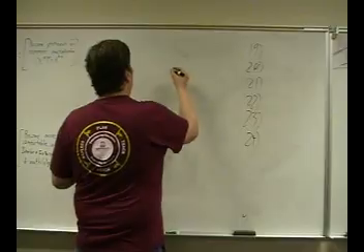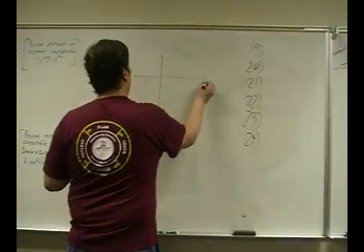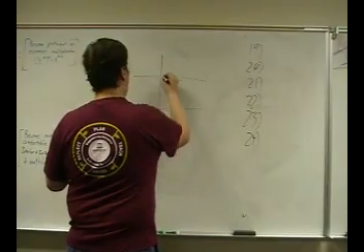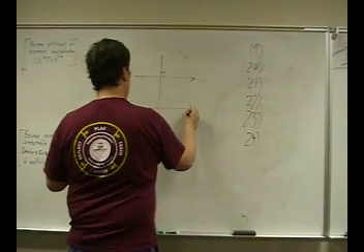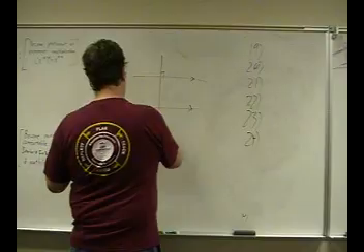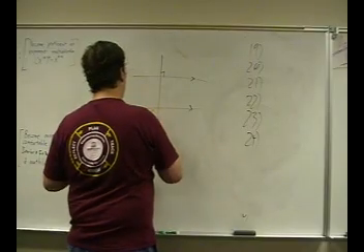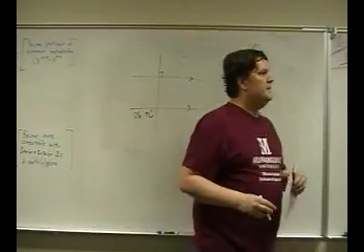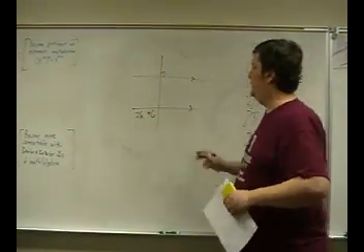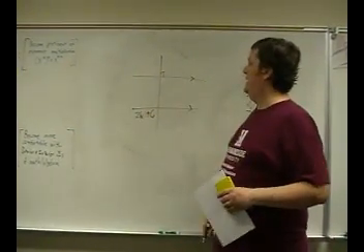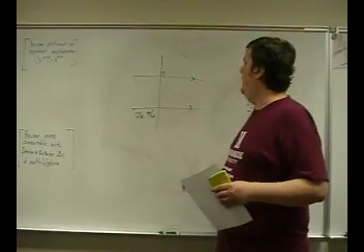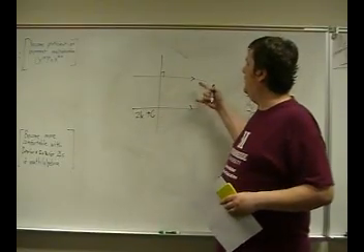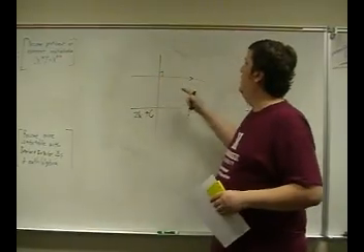All right, so I've got this. That's supposed to be a 21x. So I've got 21x plus 6, and I've got a 90-degree icon there. Well, if I just take a look at this here, I've got parallel lines.